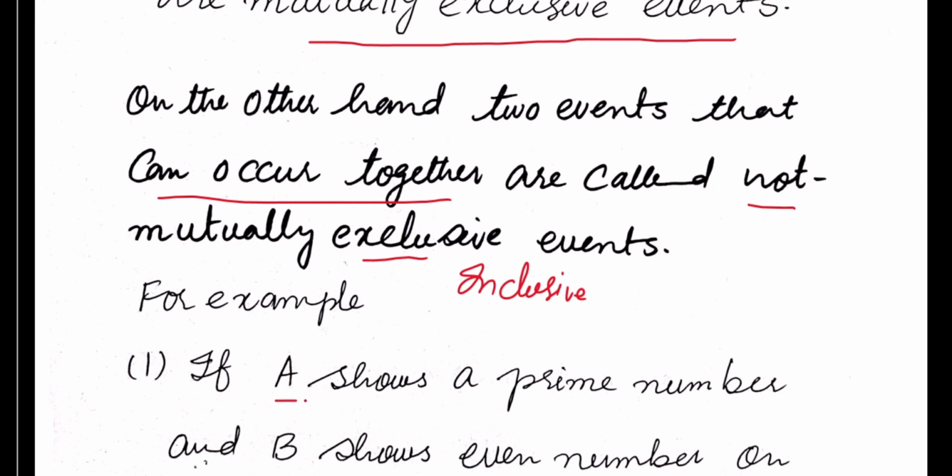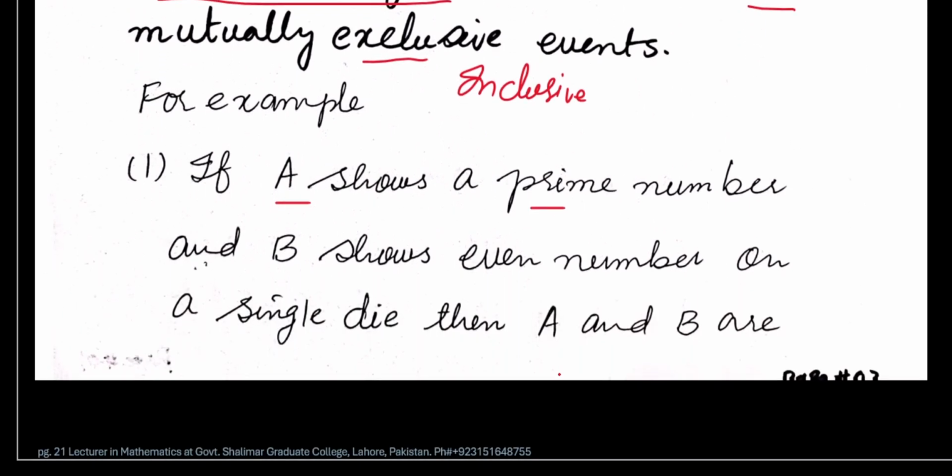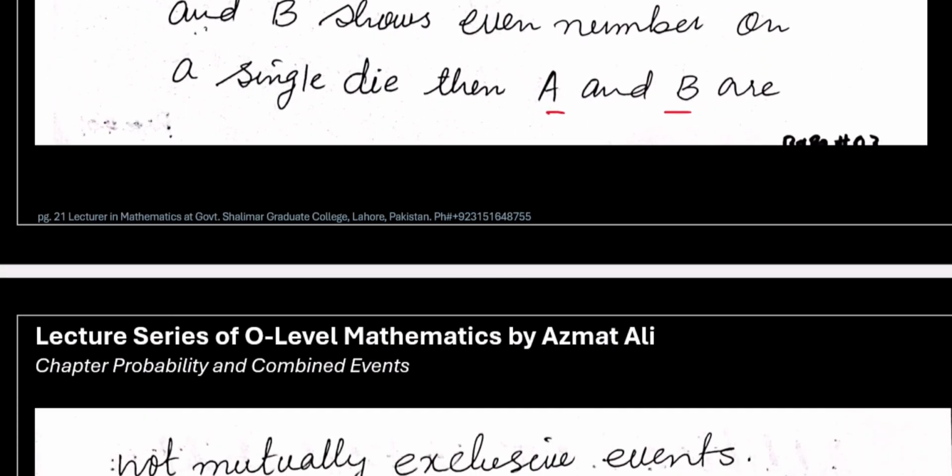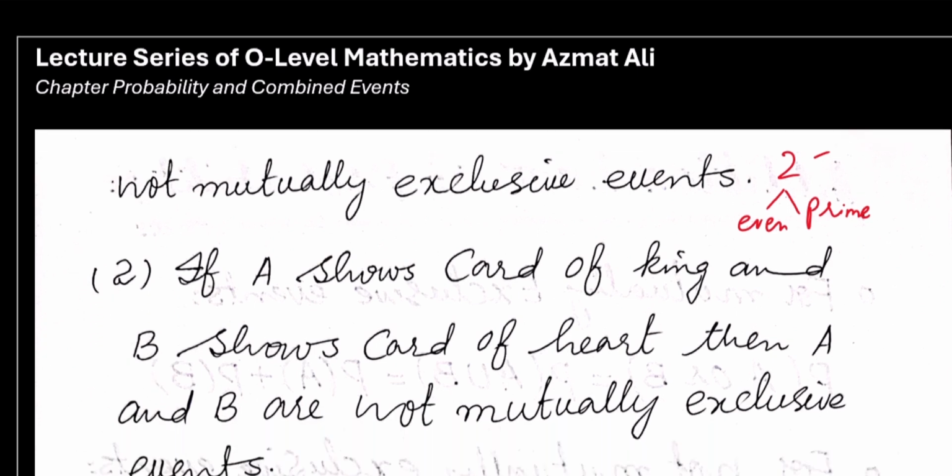For example, if A shows a prime number and B shows an even number on a single die, then A and B are not mutually exclusive events, because 2 is the only prime that is even as well as prime. So both events can occur together. That's why we can say that A and B are not mutually exclusive events.